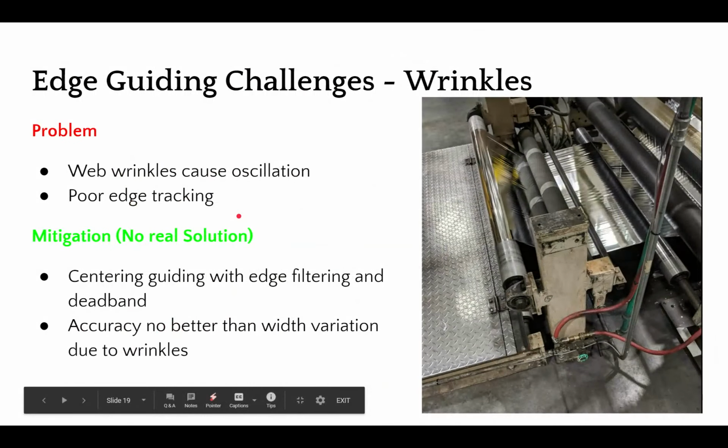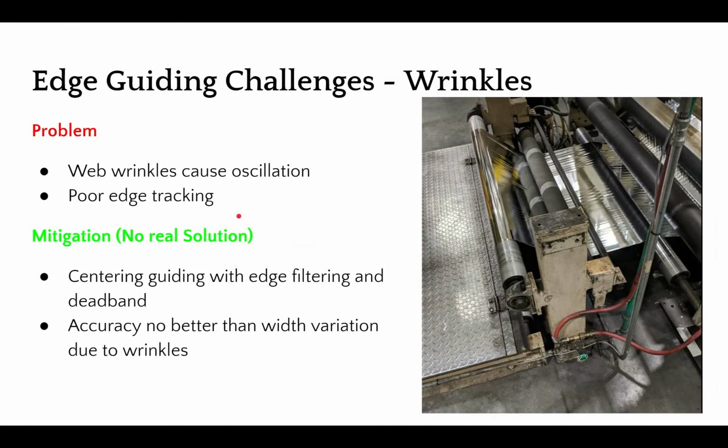Now, the other common problem that you're going to see with edge guiding is wrinkles. Wrinkles by nature are really hard. The type of the wrinkle could be like a shear wrinkle with different shapes and forms.